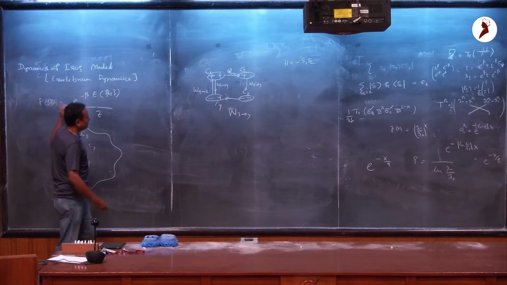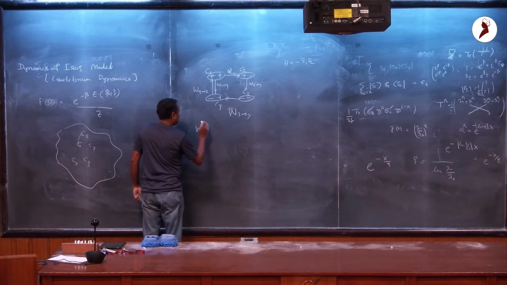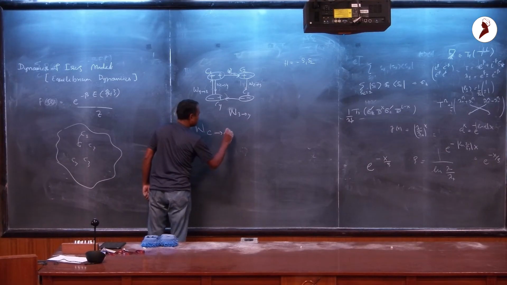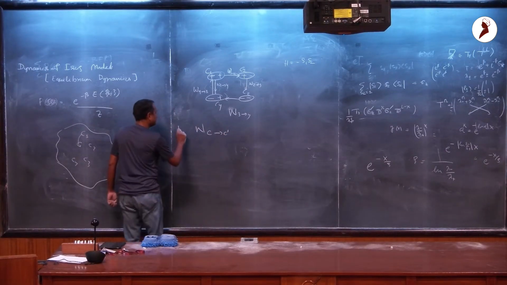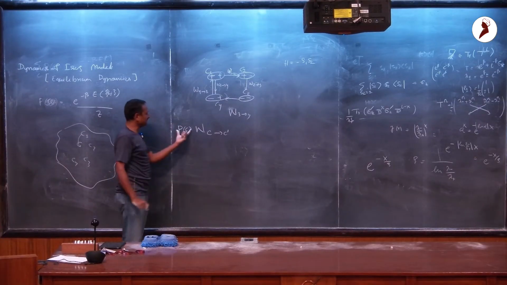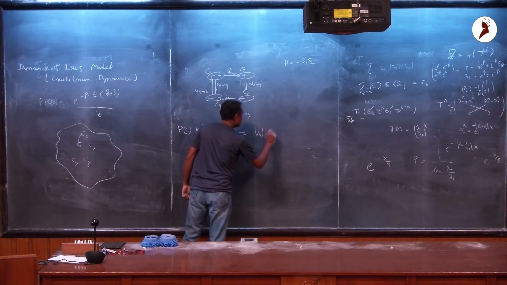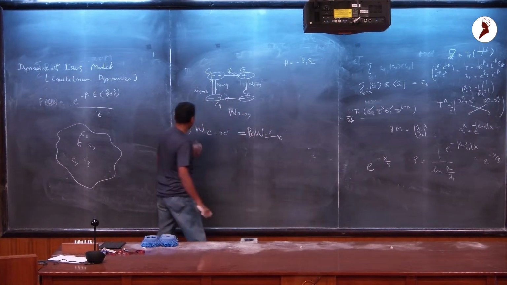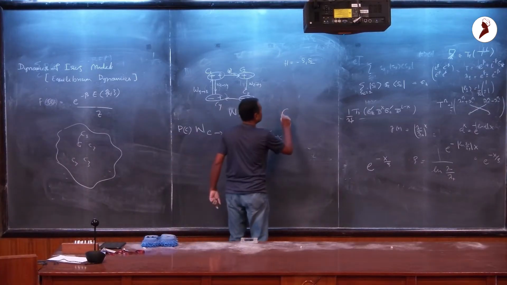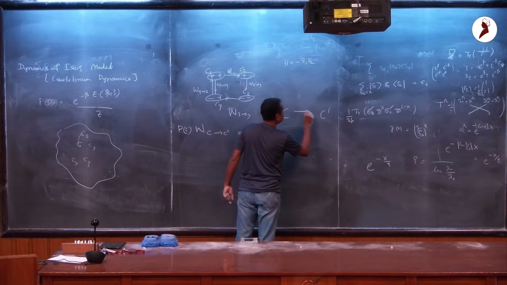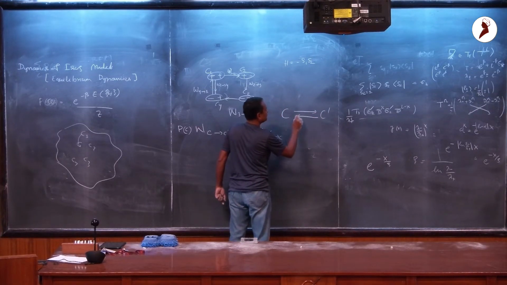So what you want is that the rates W(C to C prime) should be such that the detailed balance condition is satisfied: the probability P(C) times W(C to C prime) must be the same as P(C prime) times W(C prime to C). What does it mean? There is a configuration C and a configuration C prime. This flux must balance with this flux.